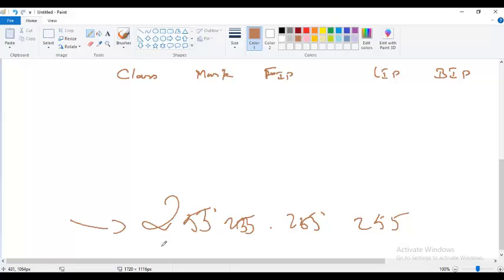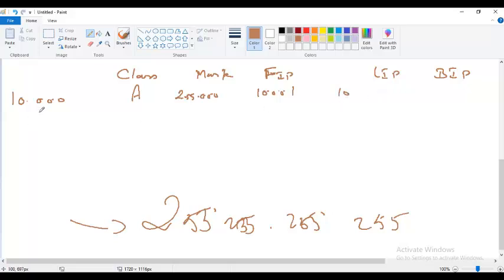But if you take this 10 network, this is class A. Mask is 255.0.0.0. First IP will be 10.0.0.1. Now last will be 10 dot, if all these are 1, it will become 255.